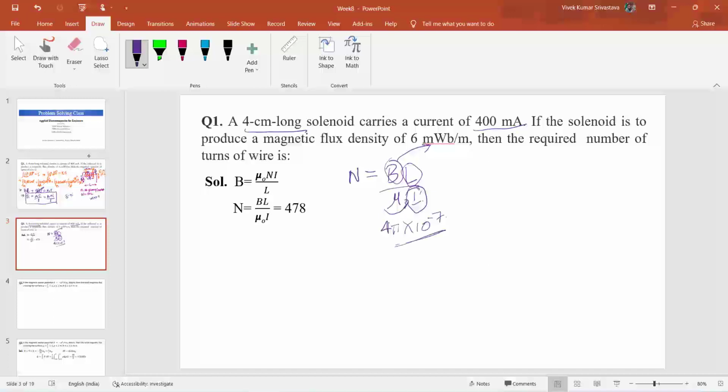By putting these values we can easily determine the total number of turns required in a solenoid for producing this much field. The calculated number of turns will be equal to 478. So that's how we can calculate the number of turns required.